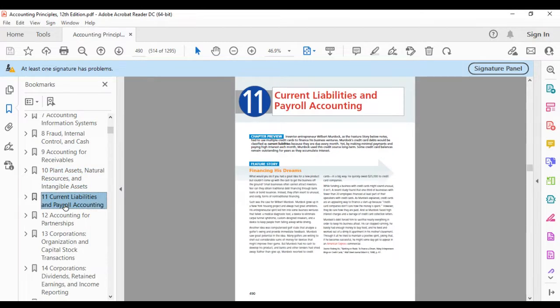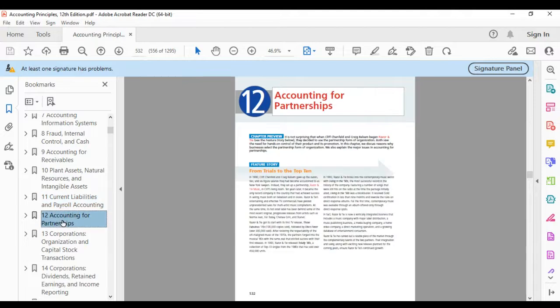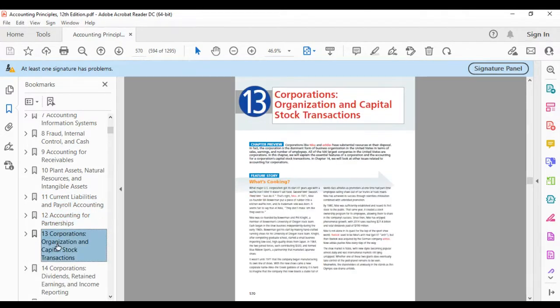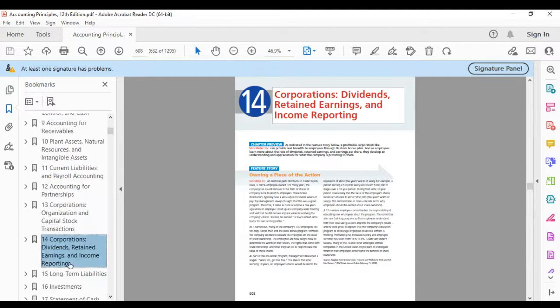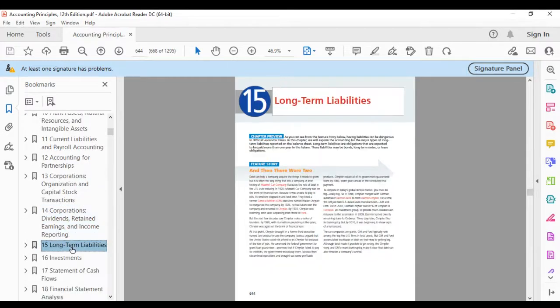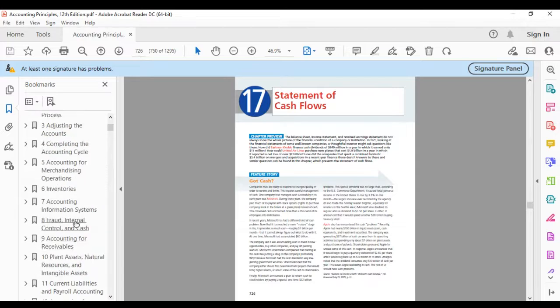Chapter 11 is about current liabilities. Chapter number 12 is partnership accounting. Chapter number 13 is capital stock transactions for corporations. We continue with the same thing in chapter 14. Chapter 15 is long-term liabilities, and 17 is the cash flow statement.